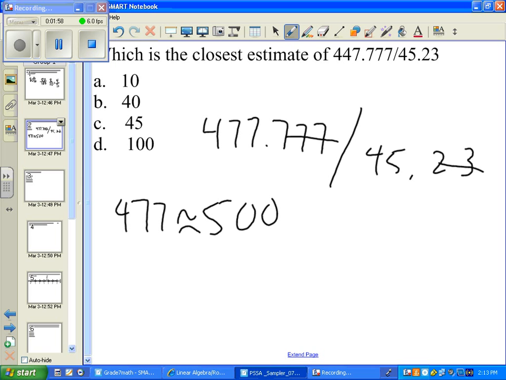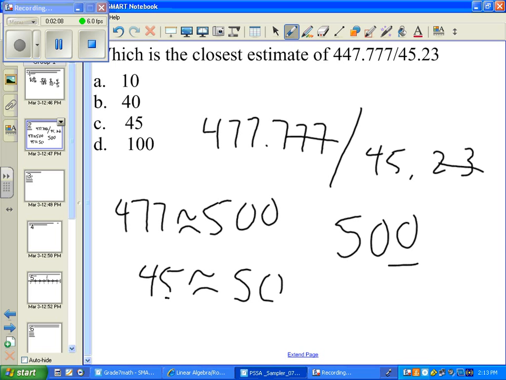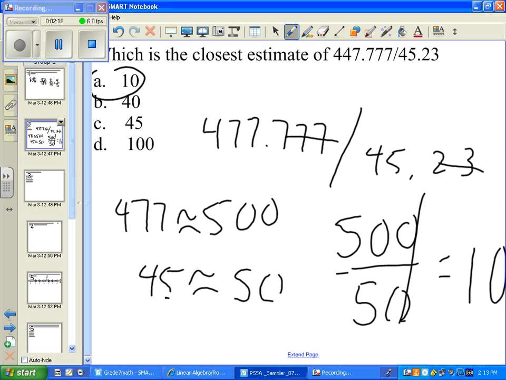And 45 we can round up to 50. So it just becomes 500 divided by 50. And we get here 5 divided into 50 equals 10. So our correct answer here would be A, 10.